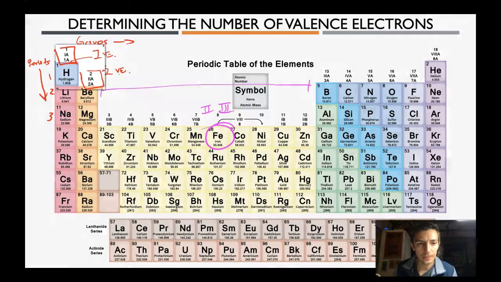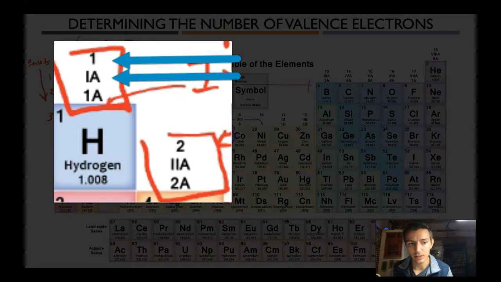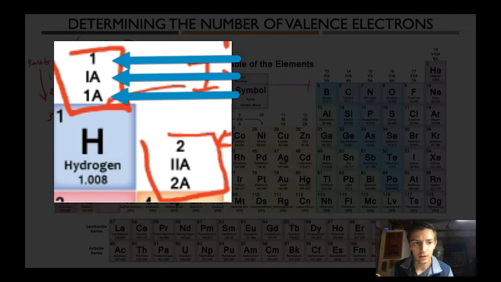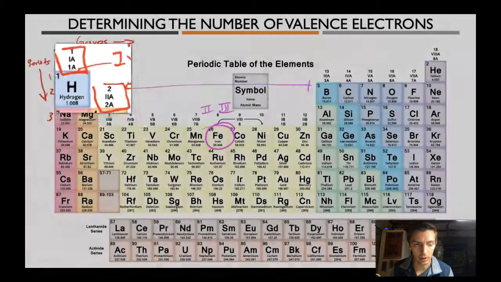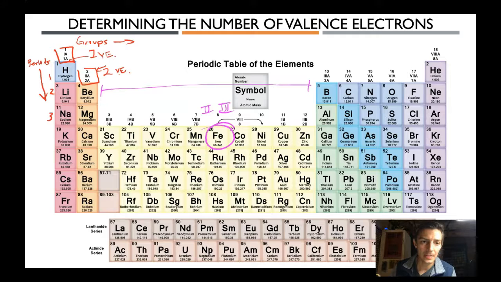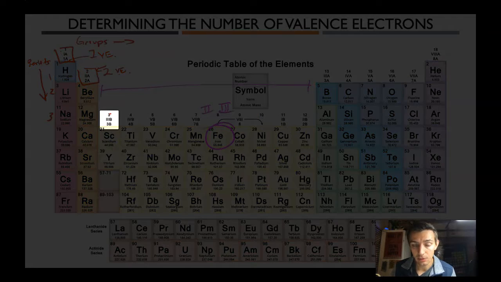Now, you notice that there's actually some other names here. Group 1, Group 1A or IA, and Group just 1. Sometimes we use Roman numerals and sometimes we use numbers, but regardless, you'll notice that it goes 1, 2, 3, but it goes 2A, 3B.